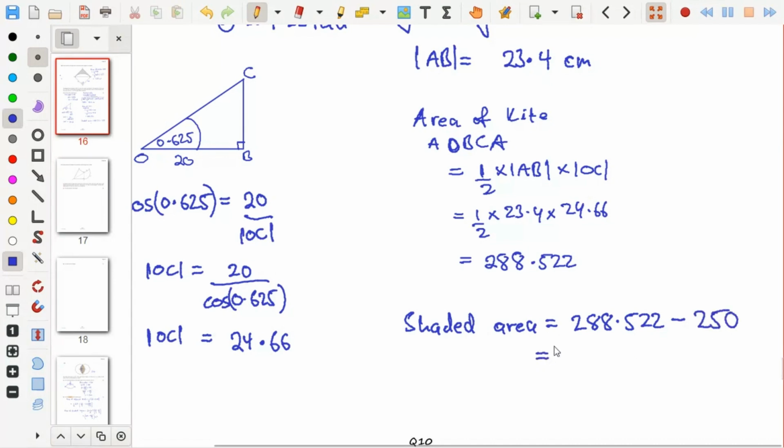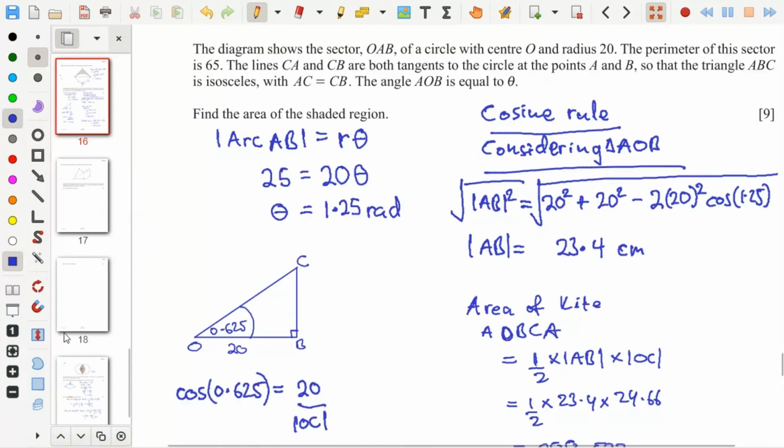So subtract this for me. Let's see what you are going to get. So I'm getting 38.522, so 38.5. This is my answer.